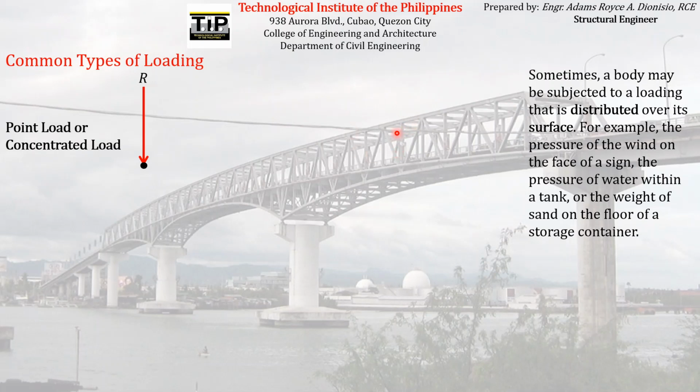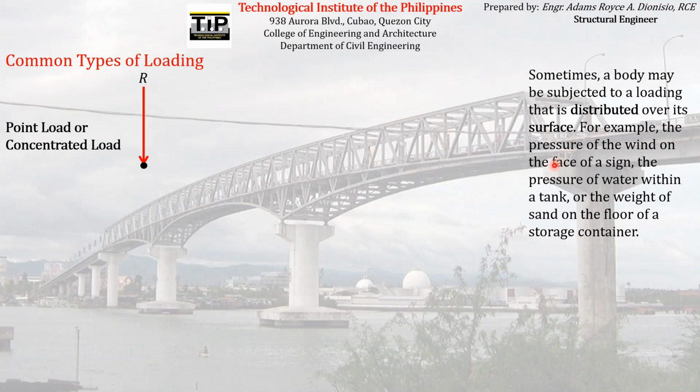Actually, the wind pressure is acting all over the whole surface of the sign. So, ang tawag doon sa ganong type of loading, acting on the signboard, is, again, distributed loading. Bakit distributed loading? Because it is acting not only on a single point, but over the whole surface.